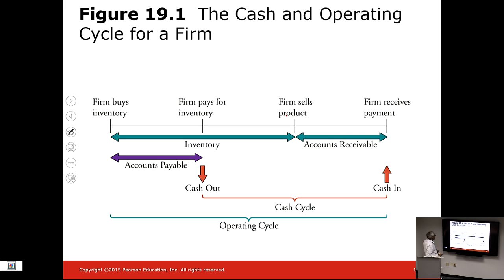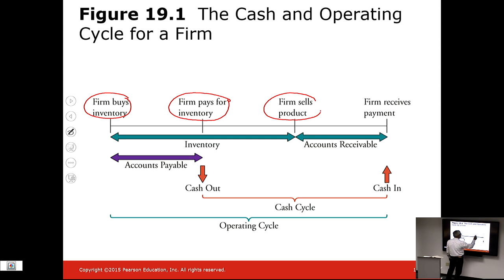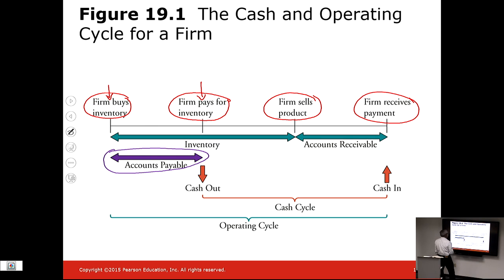So here is a typical timeline that most businesses will engage in. The firm will buy inventory, then the firm will take a few days before it pays for it. Then it takes a few more days to produce the product and sell the product, and then it receives payment from customers that bought the product. The period between when the firm places the order and the point where they pay for the inventory is our accounts payable time period.